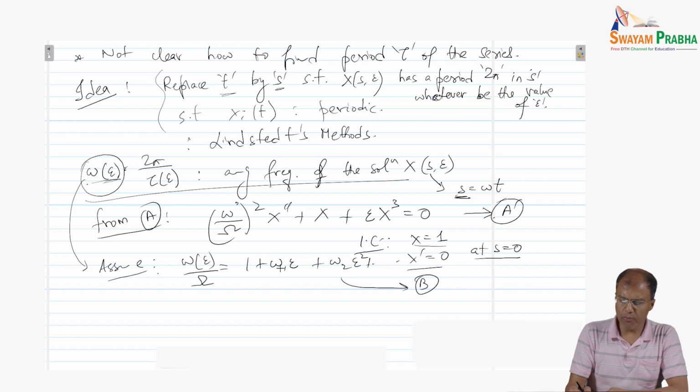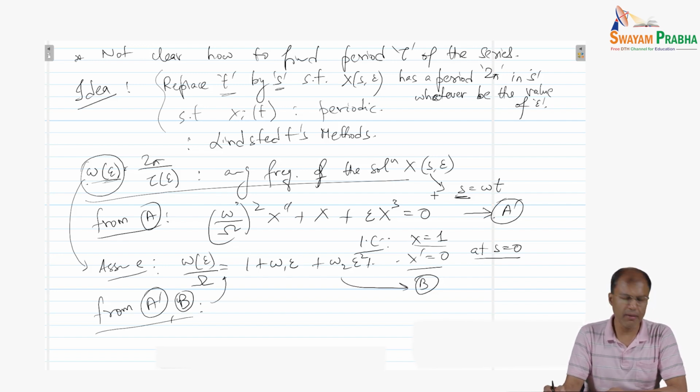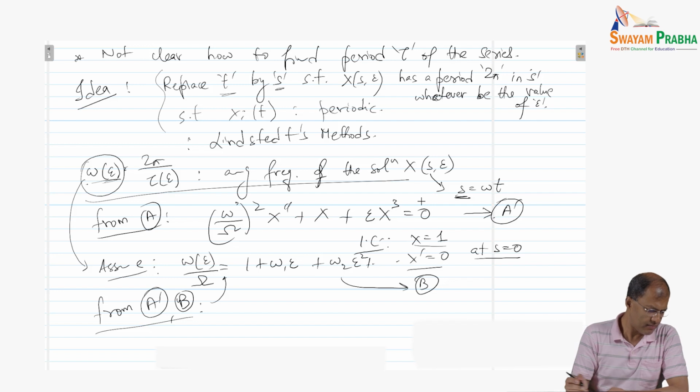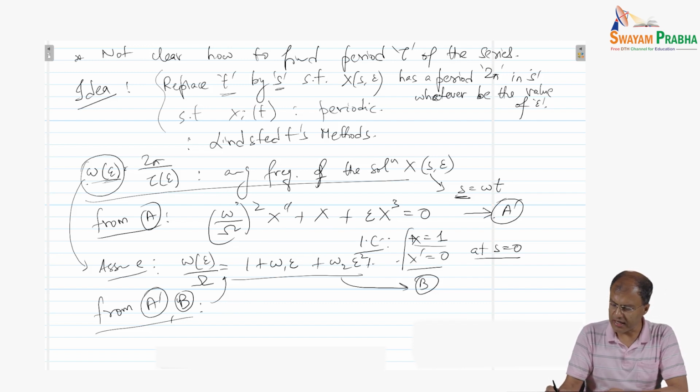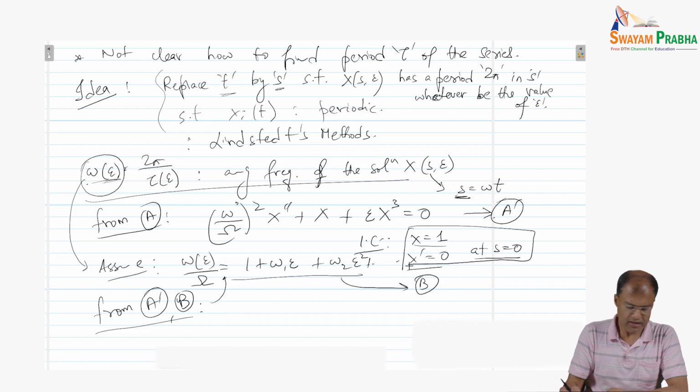And now I am going to plug this into A prime and B. So I'm going to plug the power series information of omega into A prime, and I also have the initial condition here. The equation reduces to the following form.